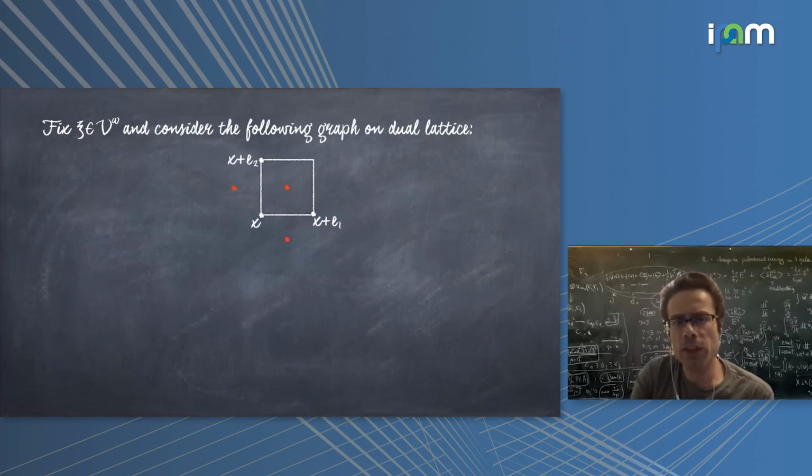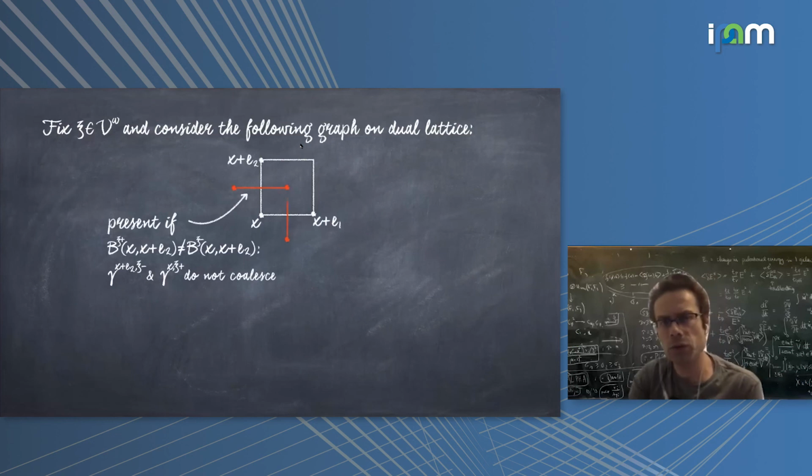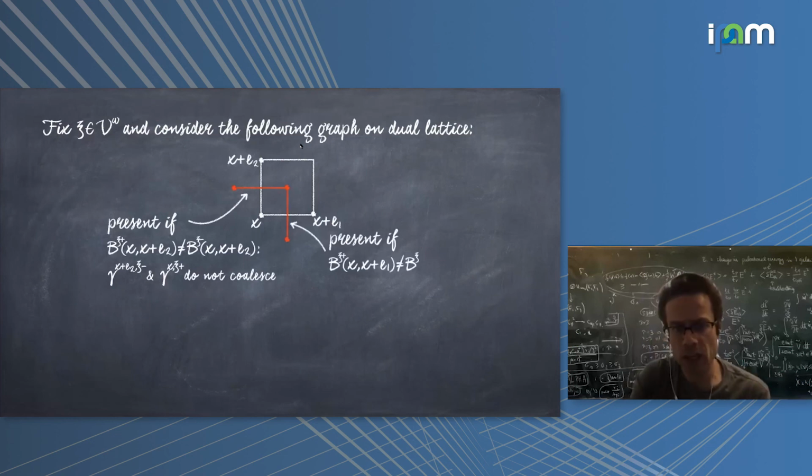And so on the dual lattice, put an edge if the transversal edge on the original lattice has different big C plus and big C minus, which means that the leftmost and rightmost geodesics, so the Xi plus out of X and the Xi minus out of X plus E2, do not coalesce. And we do the same for the vertical.